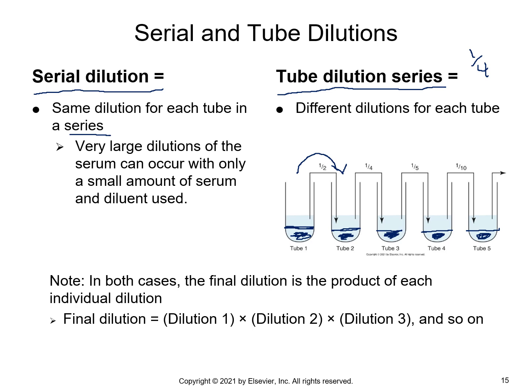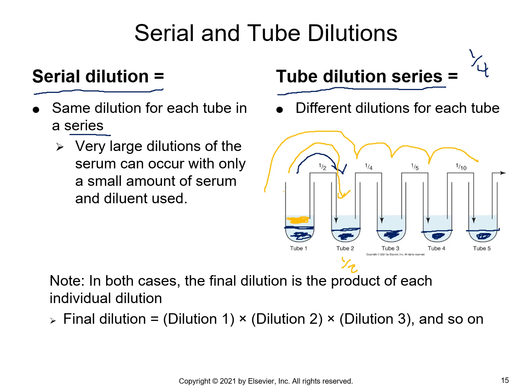So let's do a different color for our sample. So let's say we add the other part of sample, and we mix that up. And then we take half of that and put it into the next tube. So each time we do this dilution, we've diluted it out by half. So the original sample volume that's in here is being diluted every time you go into a new tube. And so that's a serial dilution.